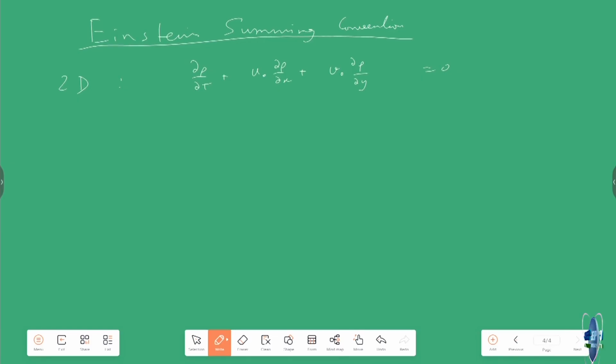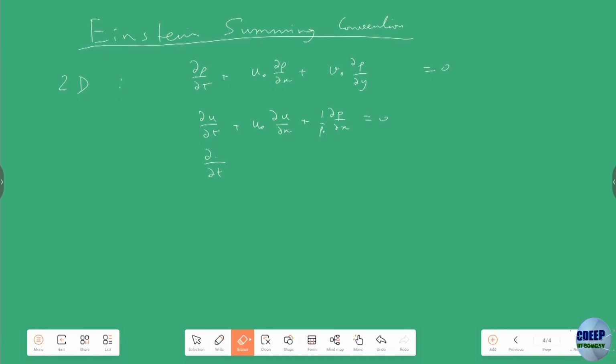And then you have got, say, del u del t plus u naught del u del x plus 1 by rho naught del p del x equal to 0, and del v del t. I'm just writing the Euler equations that you should be very familiar with, del v del x plus v naught.